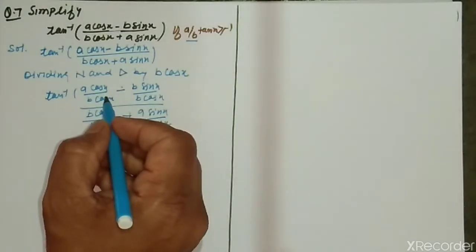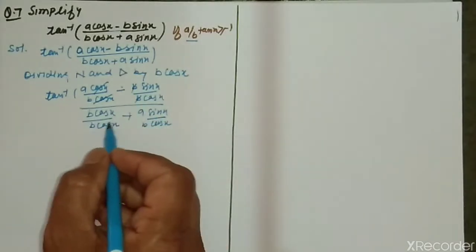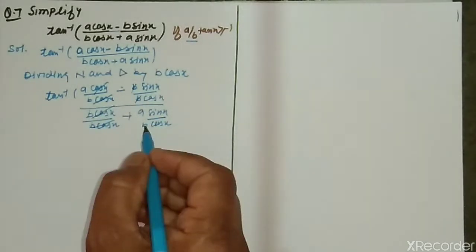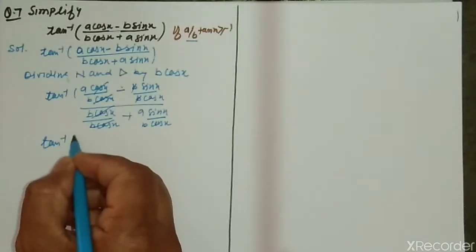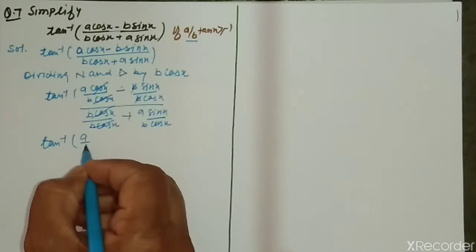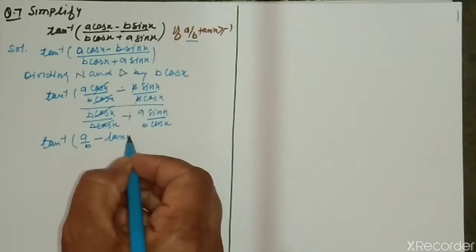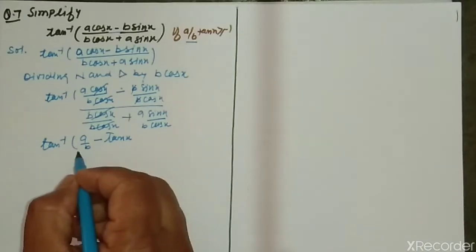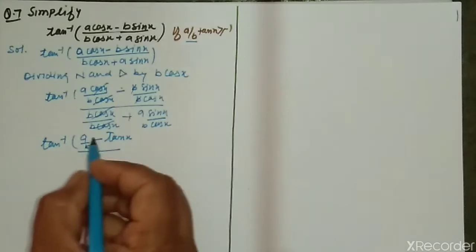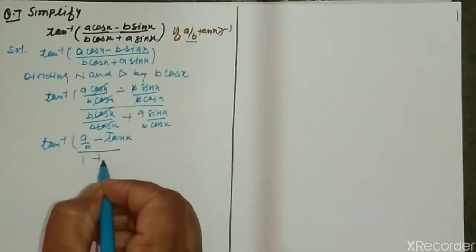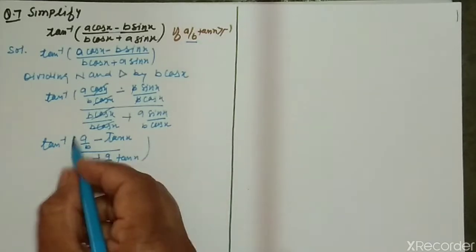Okay, so we can cancel out this cos x, b to b cancel out, b cos x to b cos x cancel out. Now what we get, tan inverse of (a upon b minus tan x) upon (1 plus a upon b tan x).